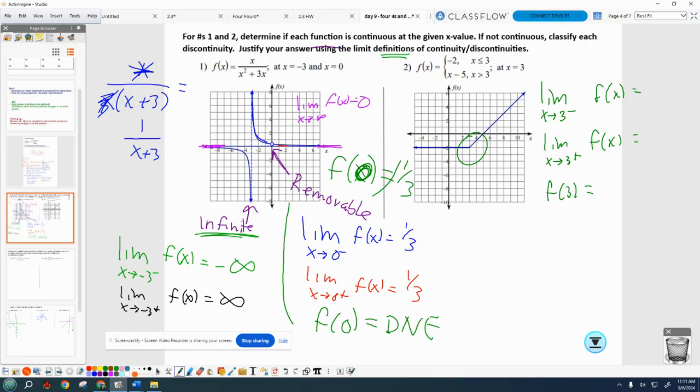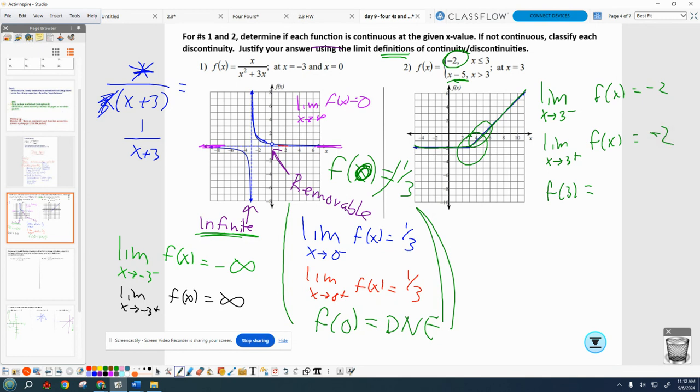So, as I just said, showing removable took 3 steps. And then someone asked about the second one here, to show that it's continuous, because they did the kindergartner check. I'm able to draw the whole thing without picking up my crayon. So the limit from the left side is -2. The limit from the right is the bottom function, 3 minus 5, is also -2.